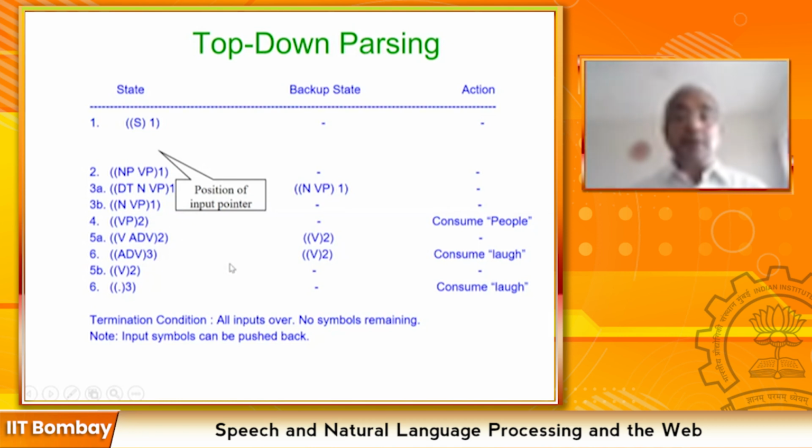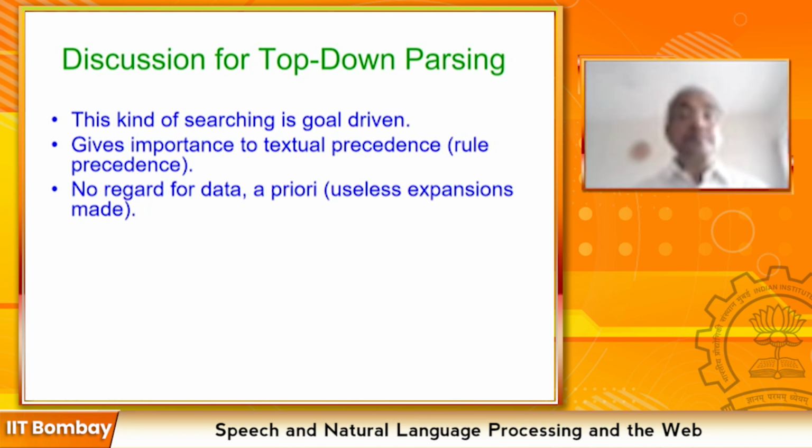So this is how the top-down parsing works. The searching is goal-driven and gives importance to textual precedence, the rule that comes first. So NP goes to DT N comes first, and NP goes to N comes second.